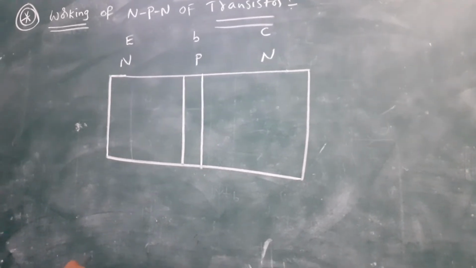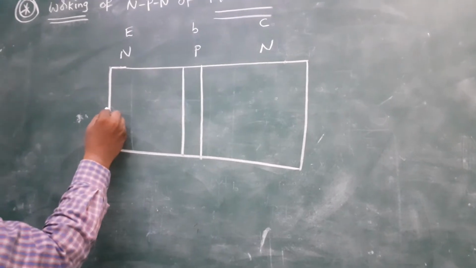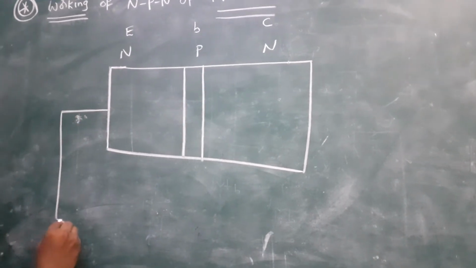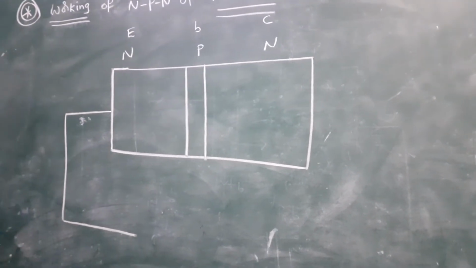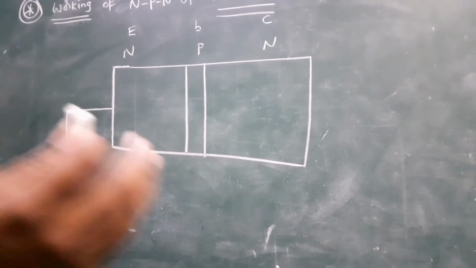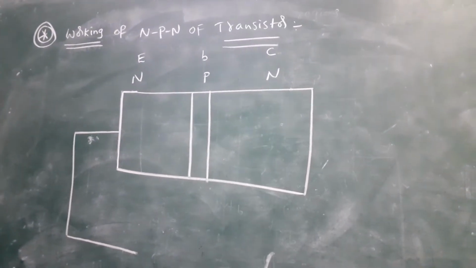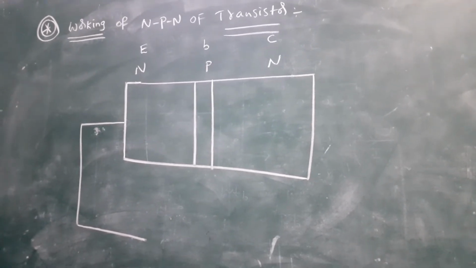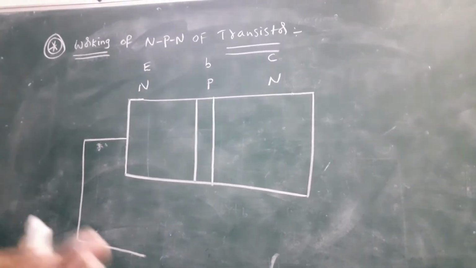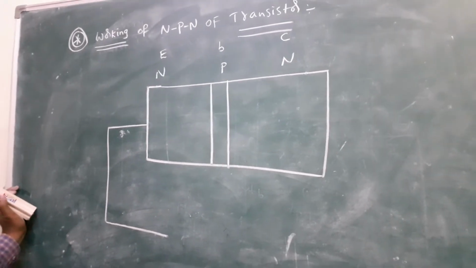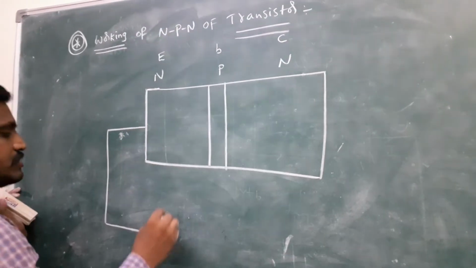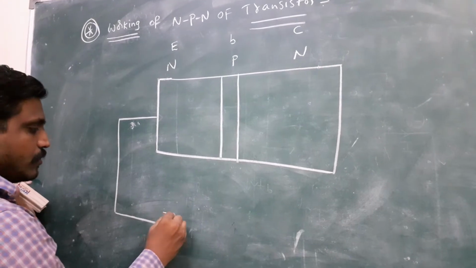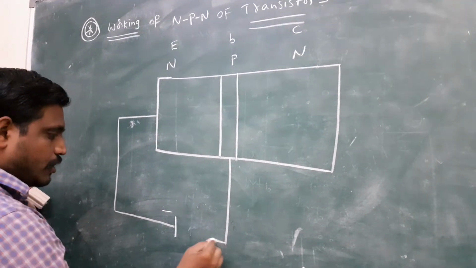Here in the NPN transistor also, the emitter-base is always connected in forward bias, because the transistor is used to transfer a current from low resistance to high resistance. Low resistance means forward bias. So N is connected to the negative, P is connected to the positive.